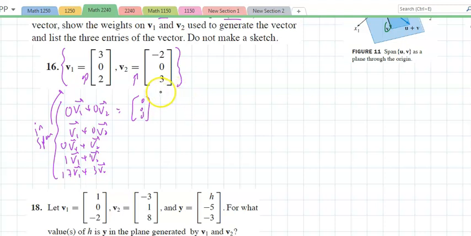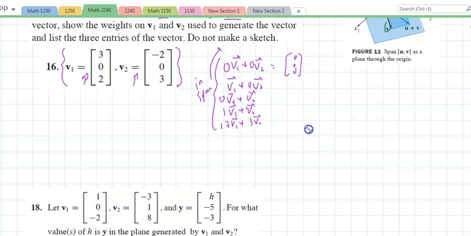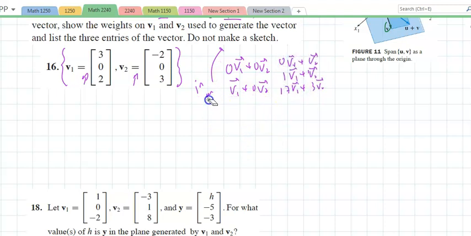Now, just to make sure you see this, basically, A v1 plus B v2, in which A and B are any real numbers, will be in the span.